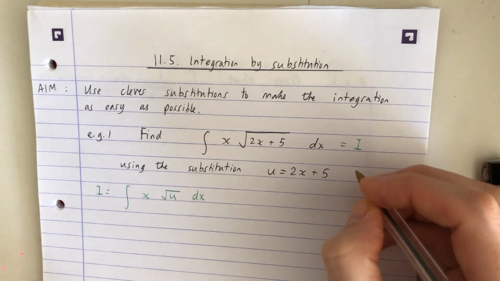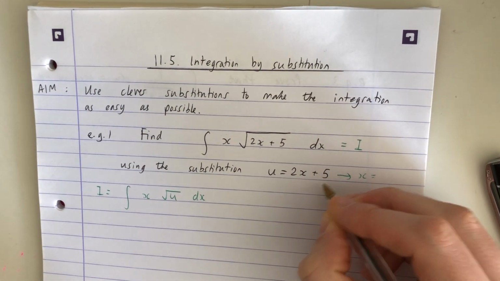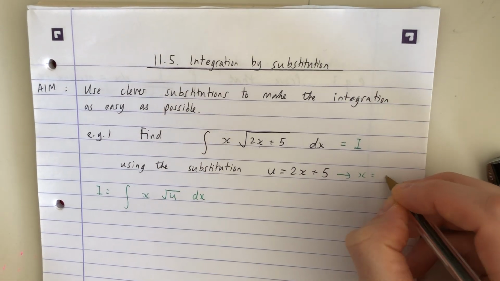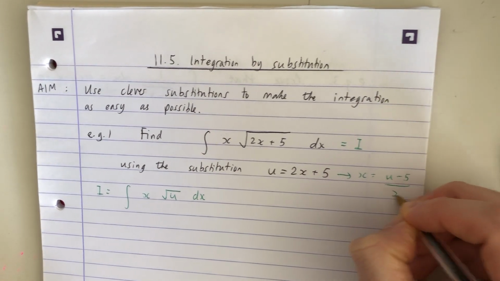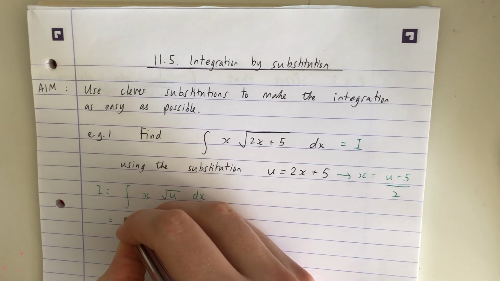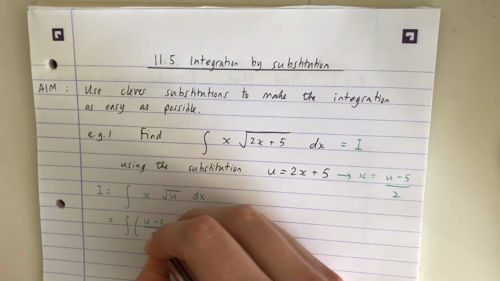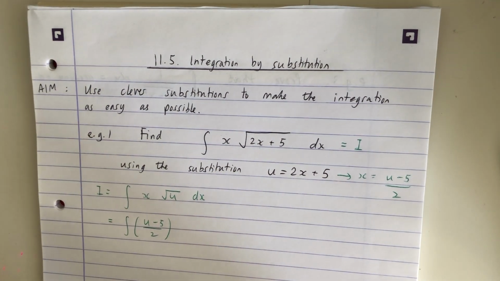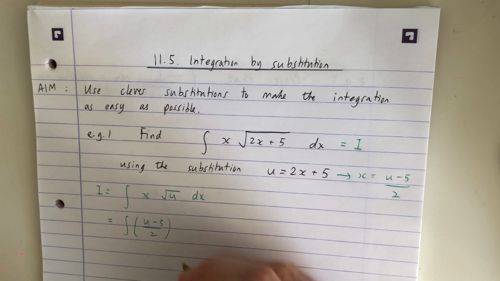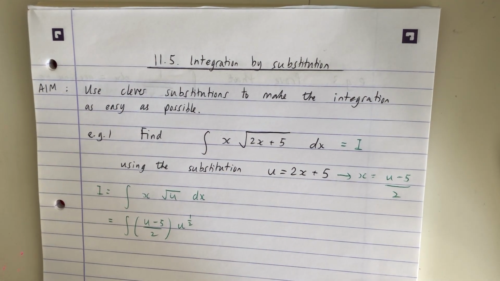So if you make x the subject, you would get subtract 5 and divide by 2. So u subtract 5 divided by 2. So in my integral, I can replace the letter x with u subtract 5 over 2. And now I can rewrite this in index form, u to the power of a half.